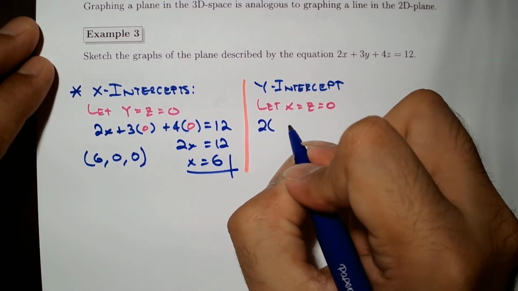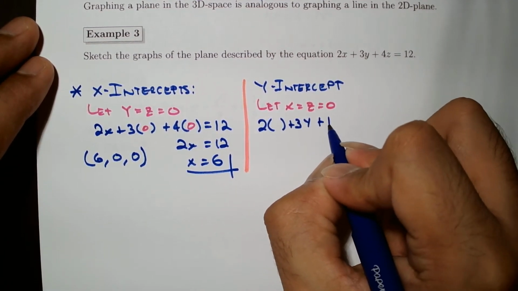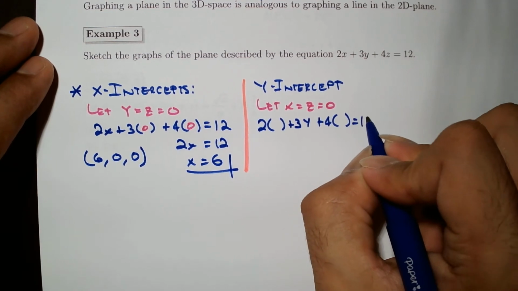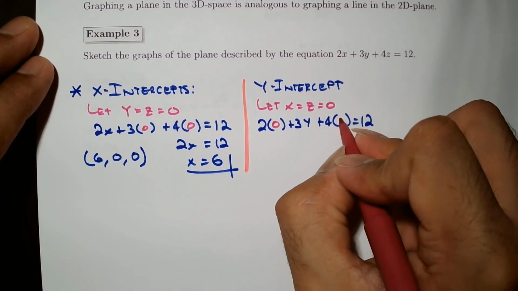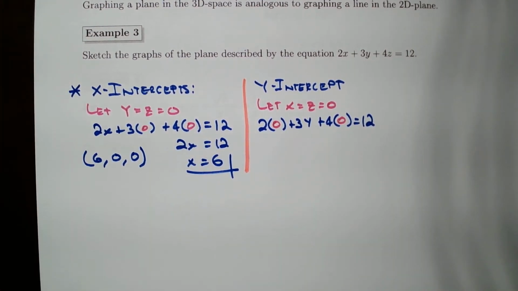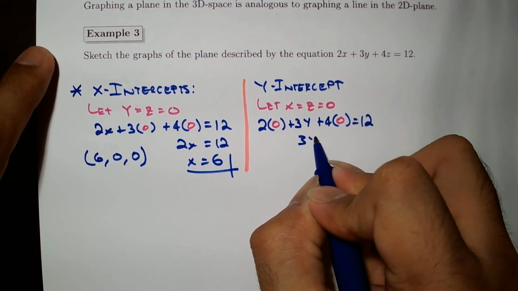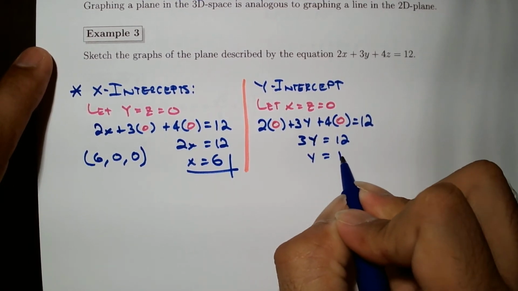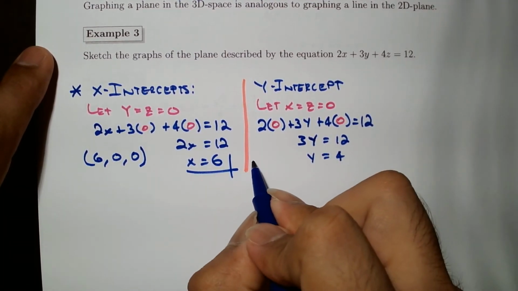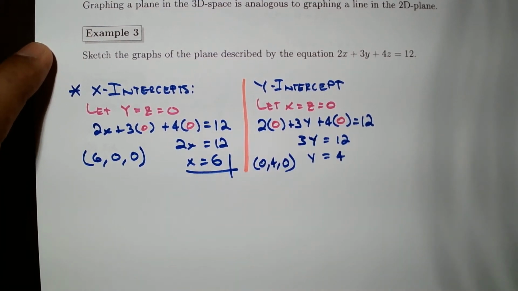So 2 times 0 plus 3y plus 4 times 0 equals 12. Those are 0 and 0, so 3y = 12, and y is going to be 4. That means the y-intercept is (0, 4, 0).